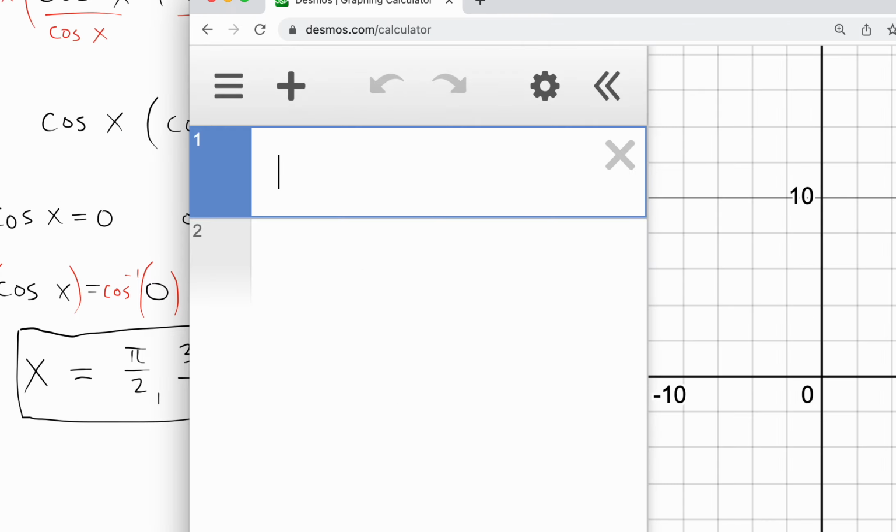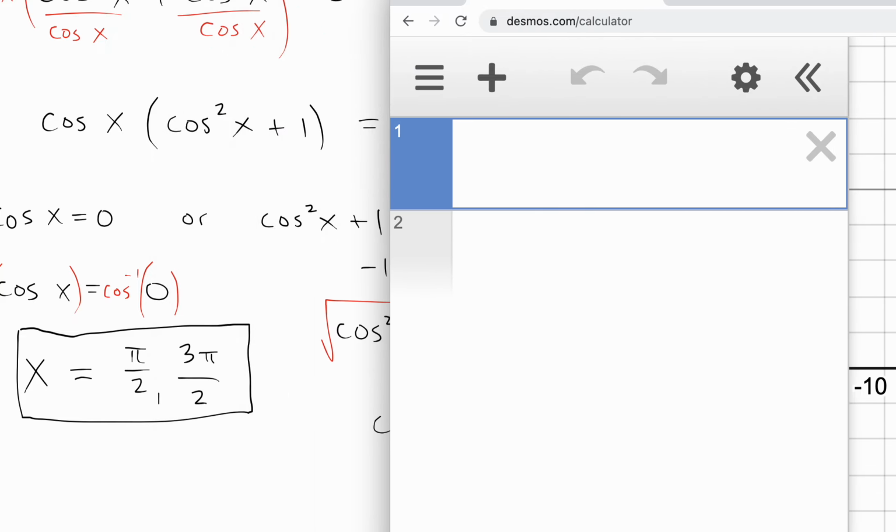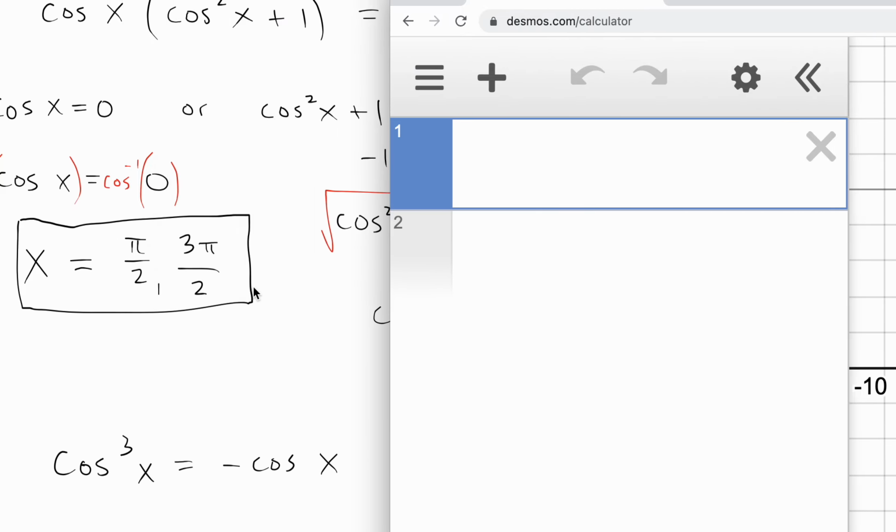For further verification, we have the option of typing this equation into a graphing program. But what I'll do is I'll set the left side equal to y.